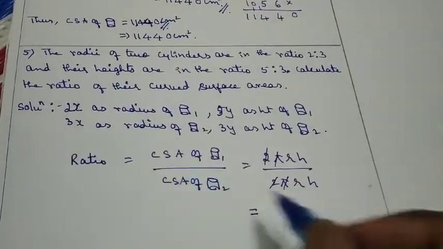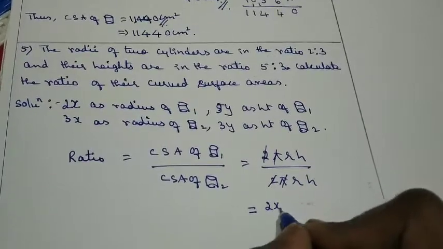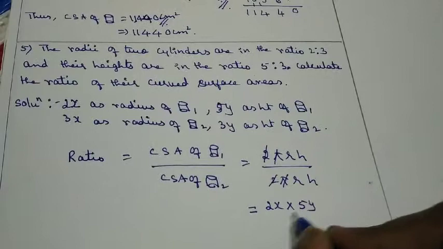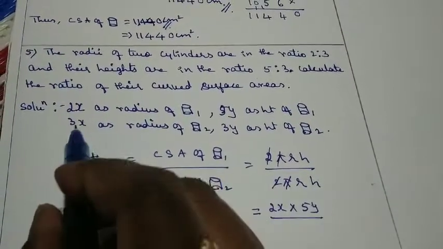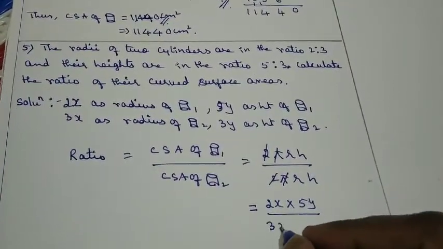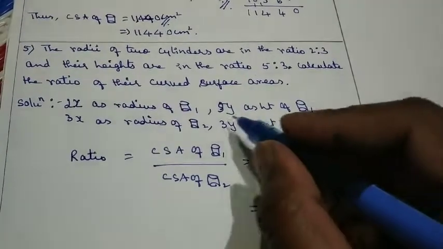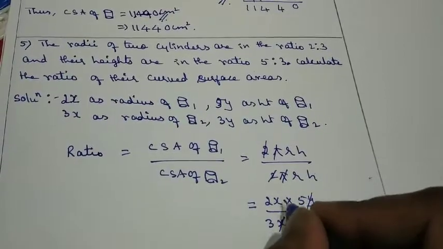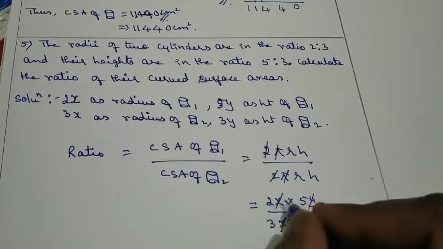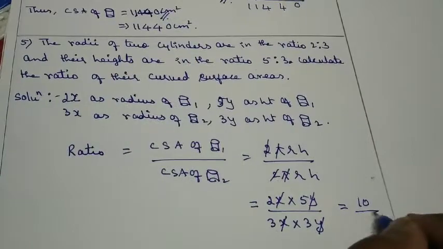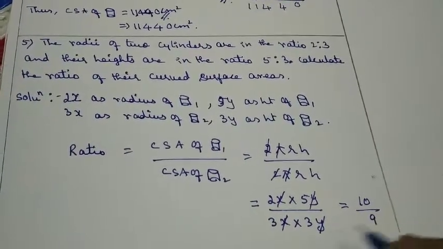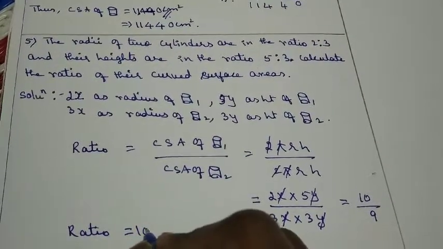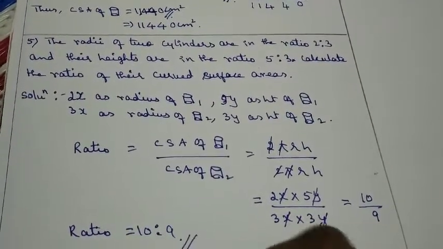So one cylinder radius is 2x into height of cylinder 1 is 5y divided by radius of cylinder 2 is 3x into the height of cylinder 2 is 3y. So the same variables get cancelled here. Then product of these two, 5 into 2 is 10 and 3 into 3 is 9. Therefore, the ratio is 10:9. This is the final answer, children.